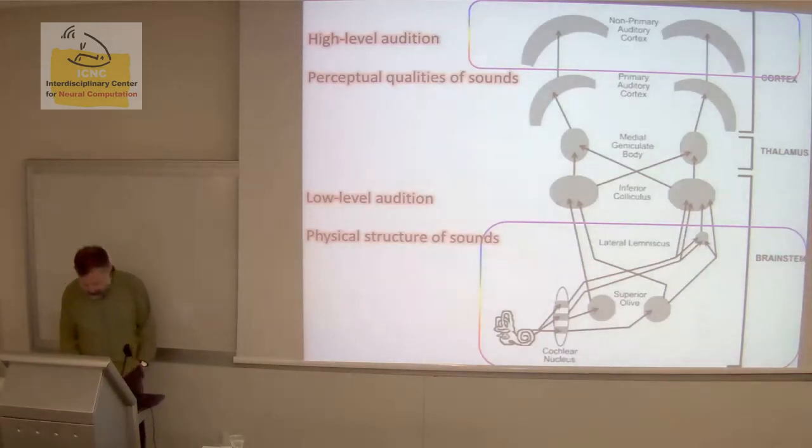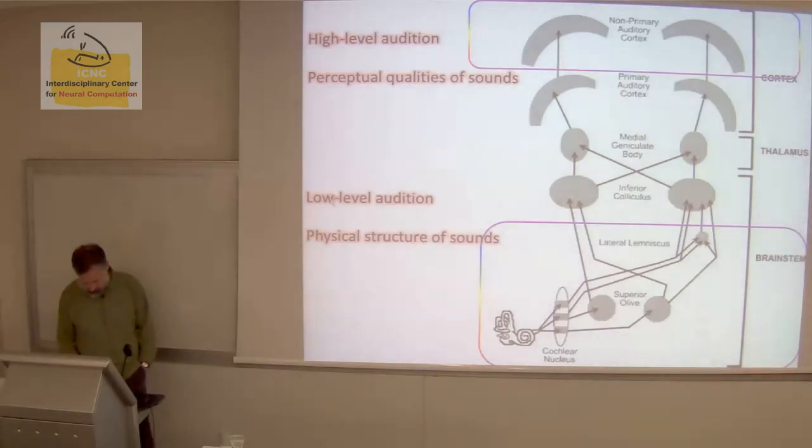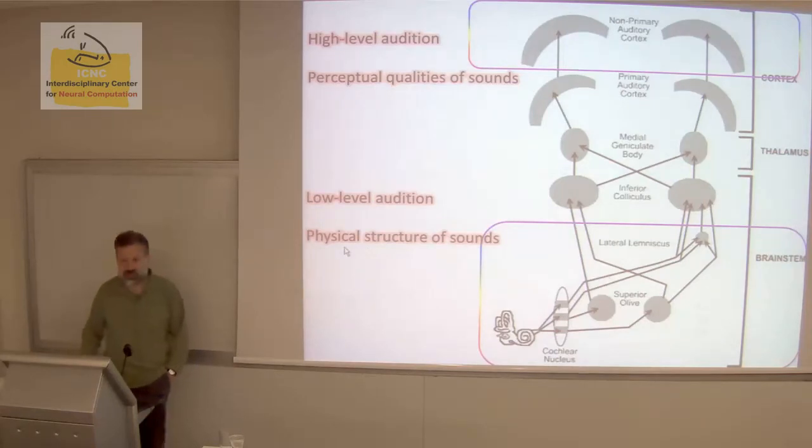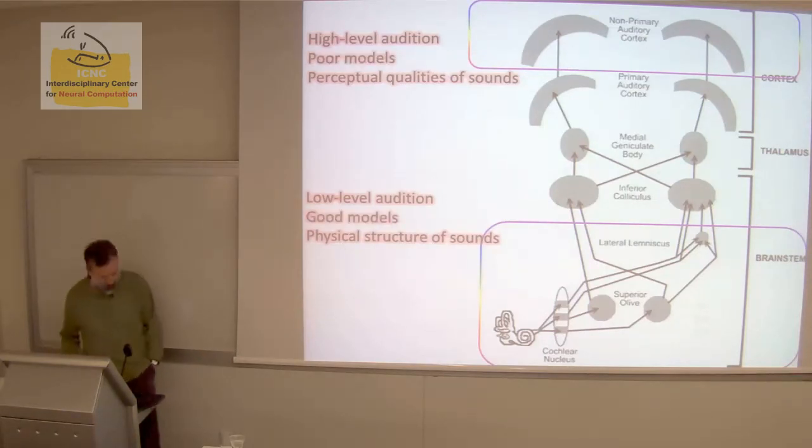Now, there's a strong dichotomy here. If we look at the lower part of the auditory system, what people sometimes call low-level audition, we actually understand it pretty well. What happens there is the extraction of the physical structure of sound. There are very good models for that, and we can account for some behavior extremely well simply by running computer programs that mimic the auditory system.